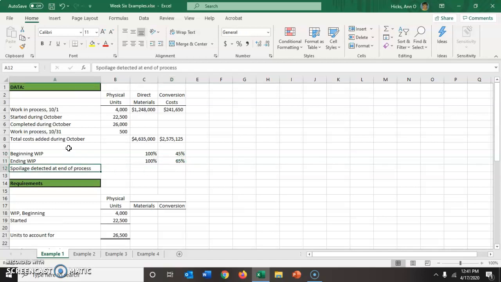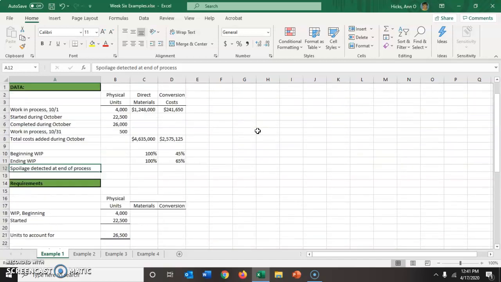And then we don't necessarily need it for this problem because in this example, I'm assuming zero spoilage. But for future, we're going to assume that any spoilage or defects are discovered at the end of the process. So there is no middle of the road quality control review that would detect them.